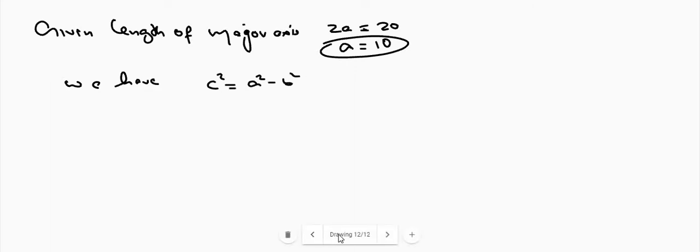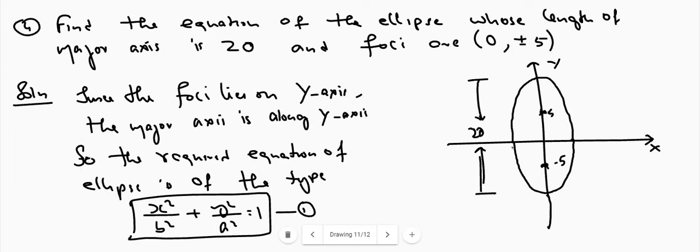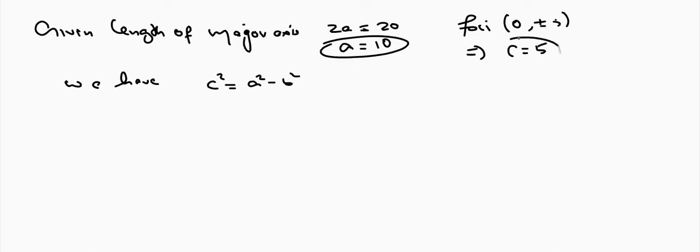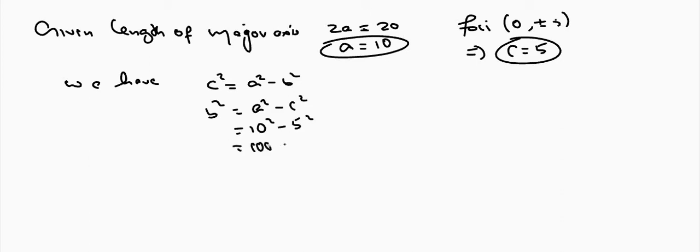Since the foci are 0, plus or minus 5, we get c equals 5. Now b square is equal to a square minus c square, which is 10 square minus 5 square, 100 minus 25, we get 75.